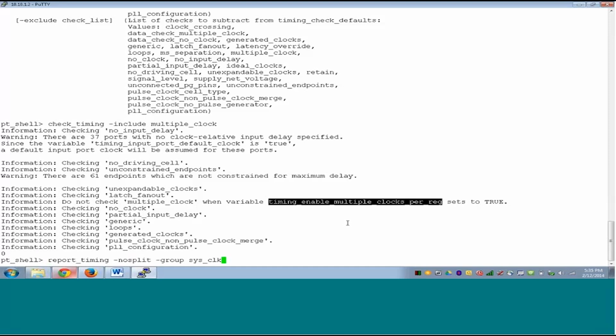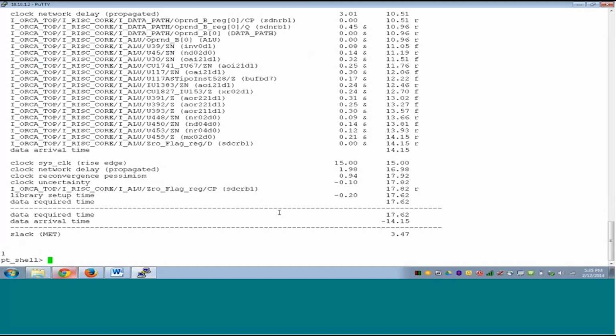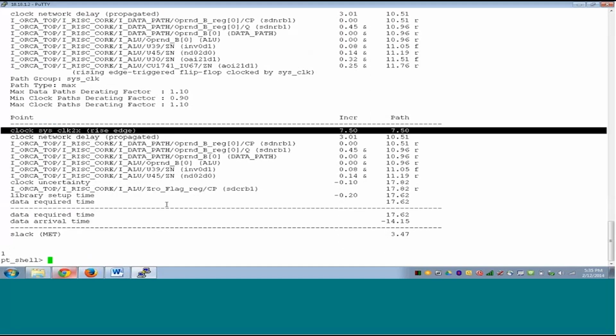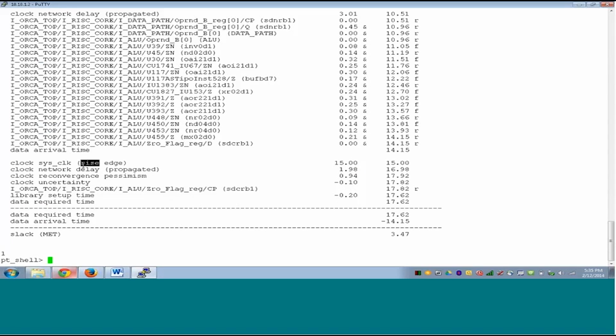Let's look at the report timing again. Now see that sysclock 2x rise edge is at 7.5, and capture is at sysclock, which has 15. This is expected because sysclock 2x is a multiple of sysclock, multiplied by 2. So the period is expanded to 15 because the LCM is 15. You can again verify this on paper.